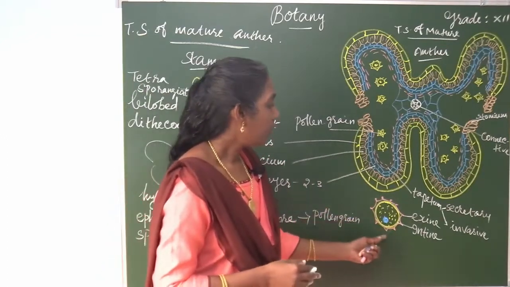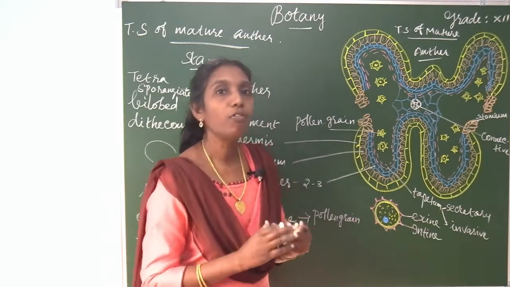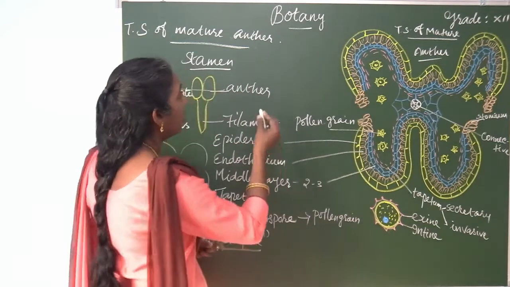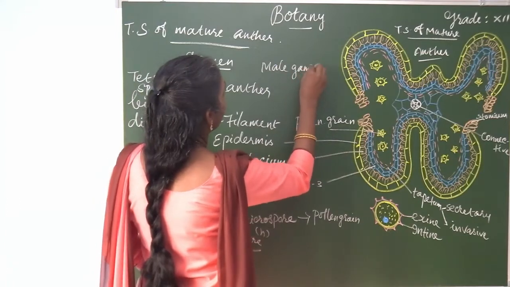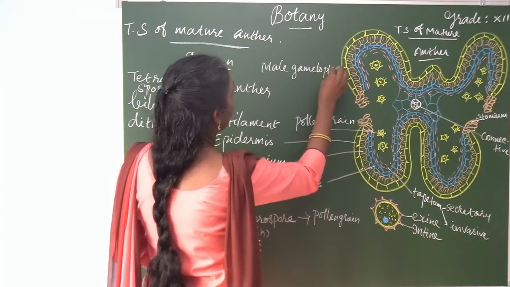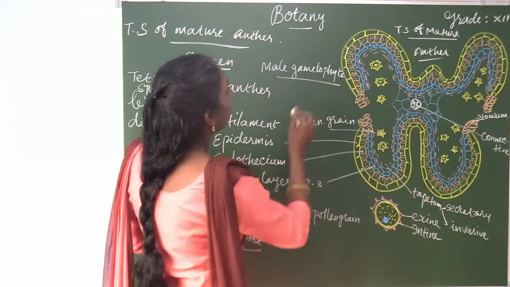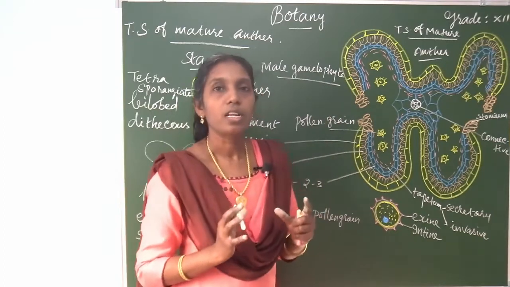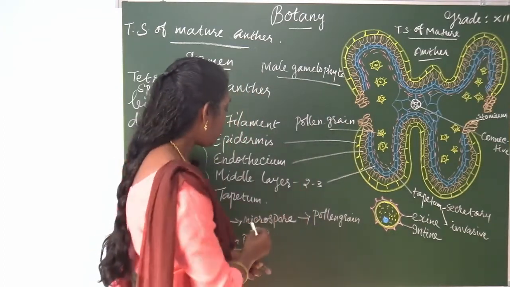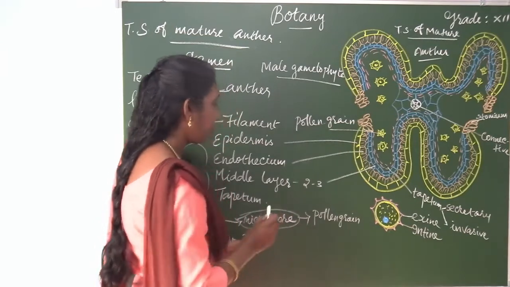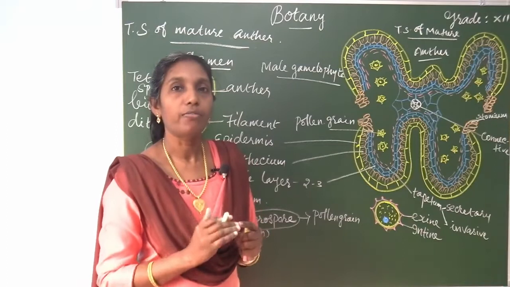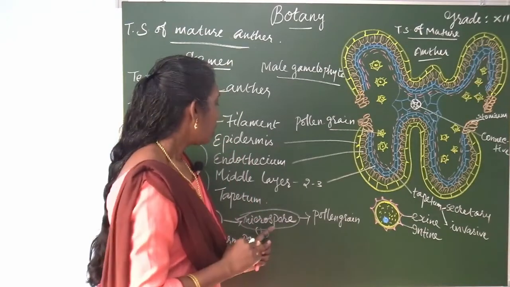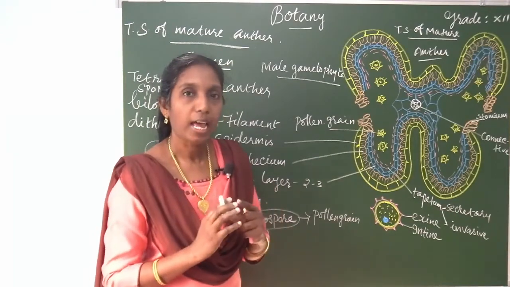Now let's learn the development of the male gametophyte. The first cell of the male gametophyte is called the microspore. Microspore is the first cell of the male gametophyte. In the male gametophyte, the microspore is haploid.